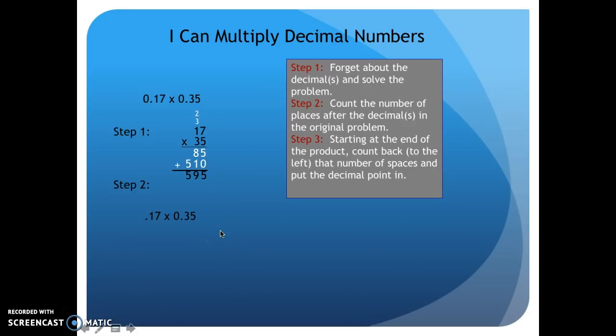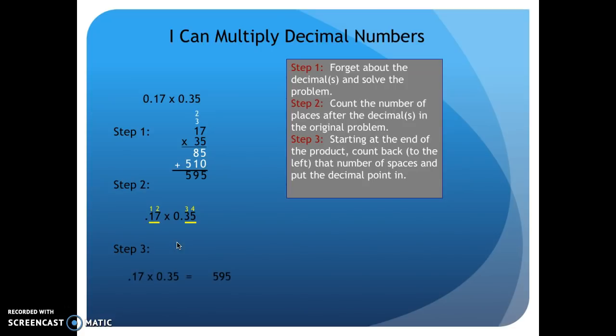So I'm going to go back to my original problem and count up the number of decimal places. 1, 2, 3, 4. So I have 4 decimal places, 4 places to the right of the decimal.